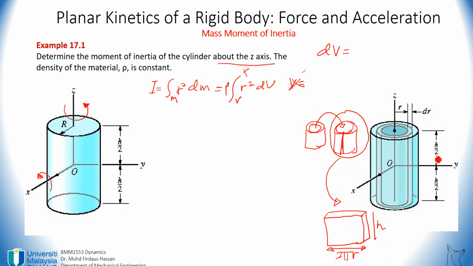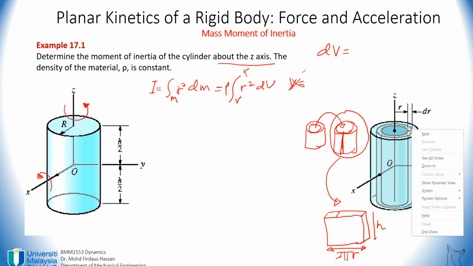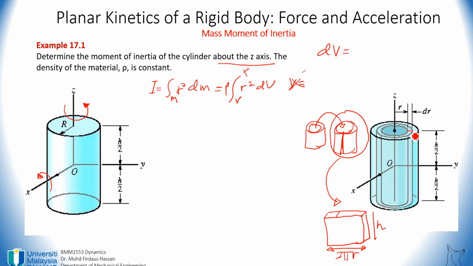And the thickness is dr, right? Okay, so this one is dr. That's why the volume for this shell element is given as 2 pi r times h times dr.